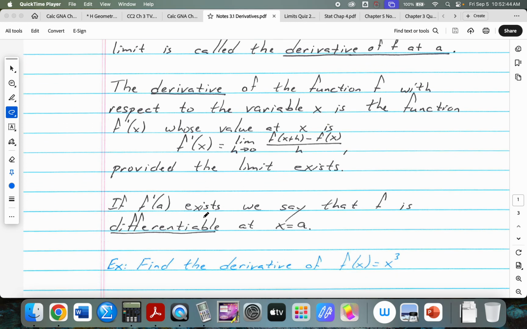If f prime of a exists, we say that f is differentiable at x equals a. And occasionally I have a student who, rightly so, might ask, shouldn't it be derivatable? Like you're able to take its derivative? And I'd say, yes, but why are they using differentiable?